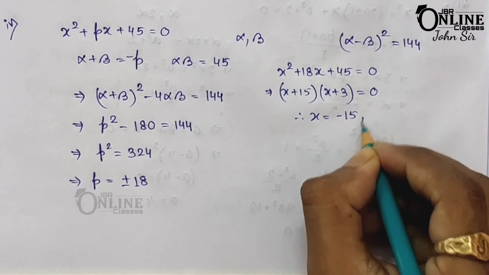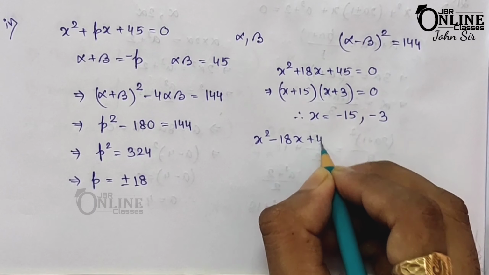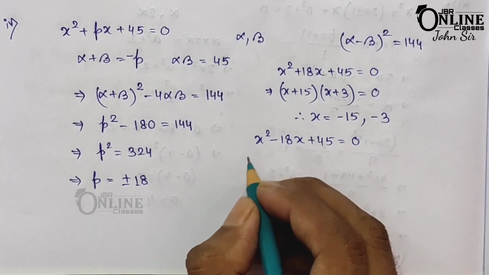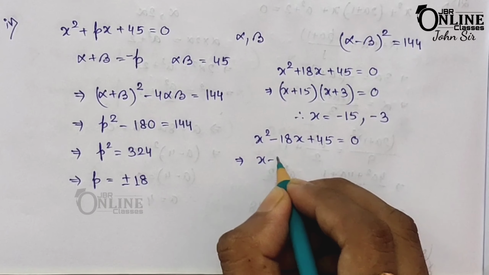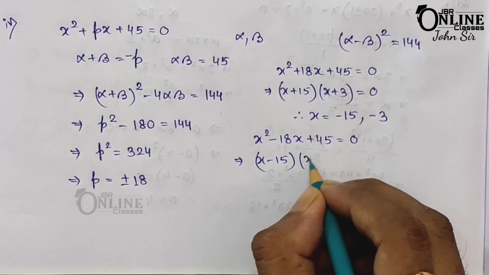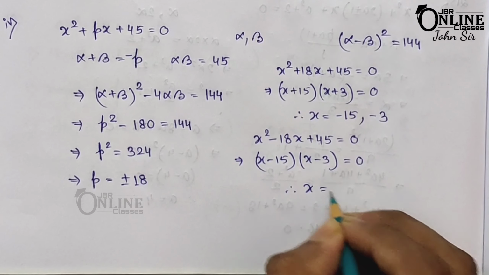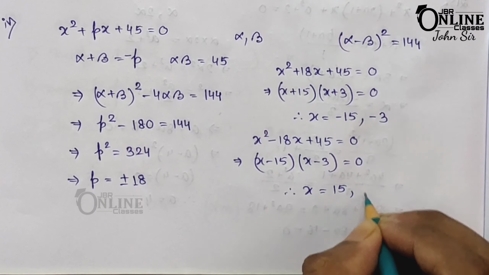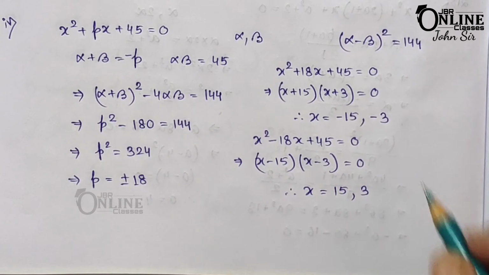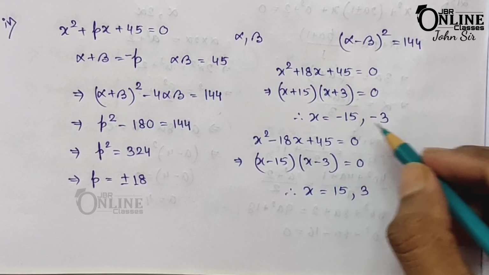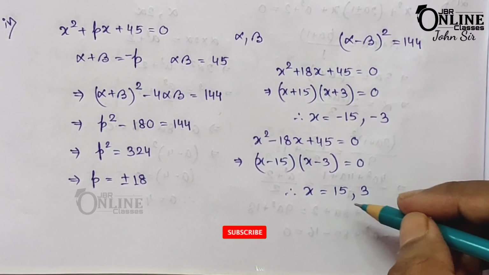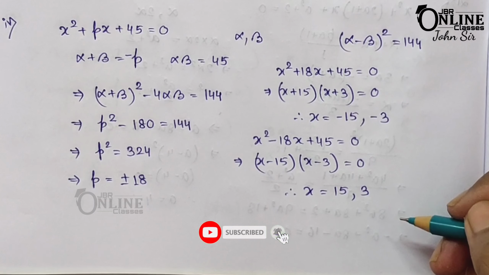Now if p equals minus 18, so x square minus 18x plus 45 equals 0, and in that case x minus 15 and x minus 3 are the two factors. So x equals 15 and 3. So for the first one minus 15, minus 3, for the second one plus 15, plus 3 is your answer.